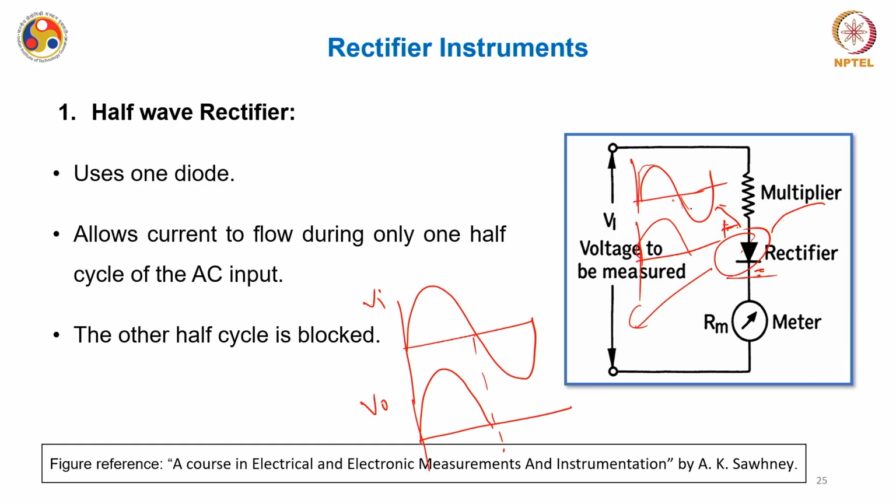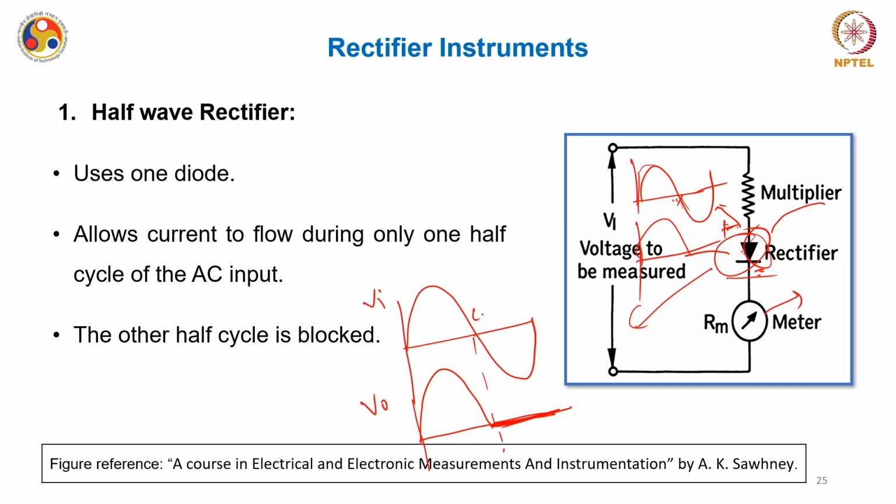However, when this input reaches the negative cycle, this diode is now in reverse bias condition, and due to that there is no current flowing and this meter will see no current. Ideally it will appear as an open circuit and there will be no output in this time.